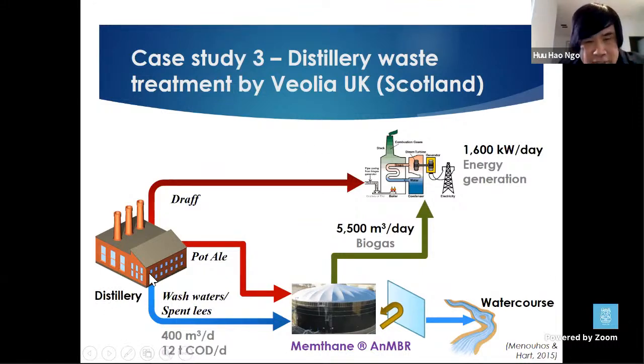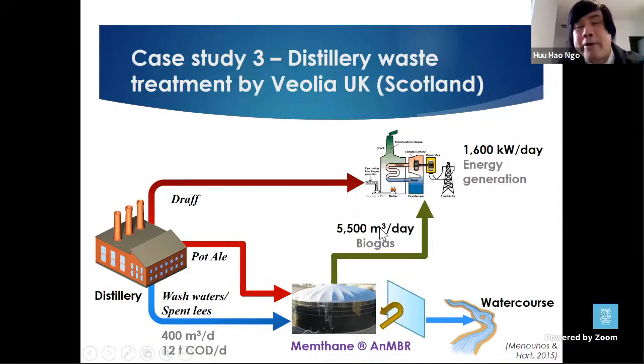The distillery has pot ale and spent lees, whatever, wastewater with a total flow rate of 400 cubic meters per day, at about 12 tons COD per day. When they come to the anaerobic MBR here, they produce 5,500 cubic meters per day of biogas.